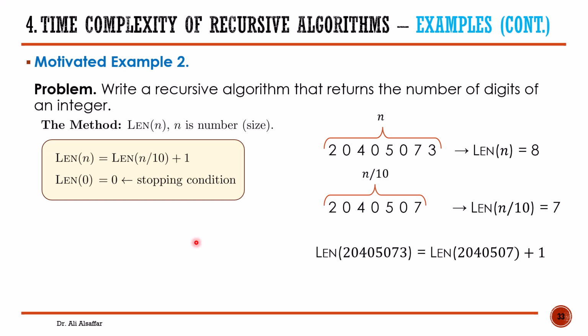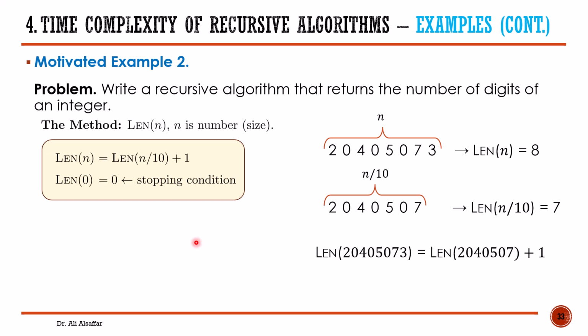And the stopping condition is when n reaches 0. But we cannot implement the stopping condition by saying if n is equal to 0, return 0, because when the function is called the first time with n equals to 0, the number of digits is not 0, it is equal to 1.